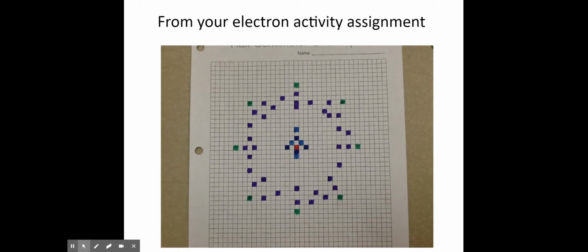Here is an image from an assignment that you students did not do. The idea was eventually you build up a collection of dots on a piece of graph paper. The center of the dot represents the nucleus of an atom. The dots surrounding it represent the possible location of one electron at any given instant in time.